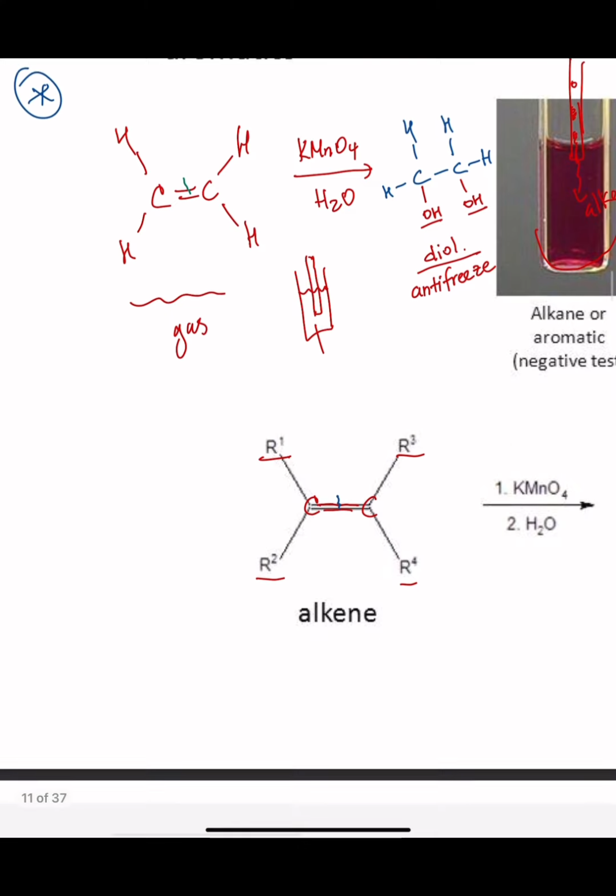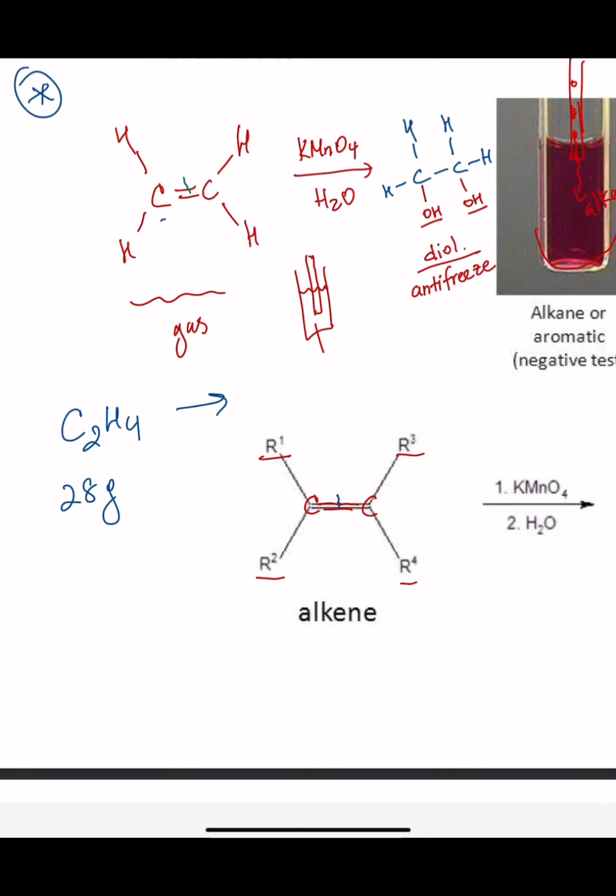Let's make a calculation. What is the mass of ethene? Ethene is C2H4. As you see, I've got here 28 grams, okay? And the product is called ethylene glycol, or you can just call it diol. We don't really care about the names.